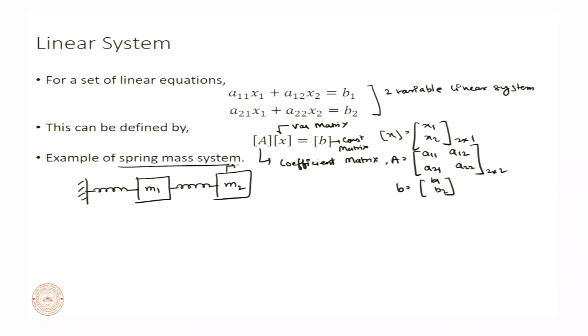Let us say m2 is driven by a force f2, m1 is driven by f1, m1 is displaced by u1, m2 is displaced by u2, and the spring constants are k1 and k2. Okay. So, this is an example of a two spring mass system, just like our above set of examples.